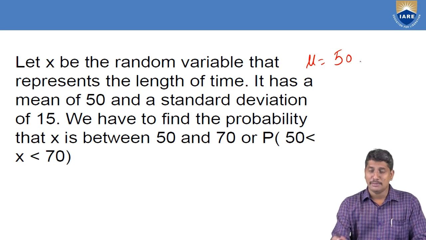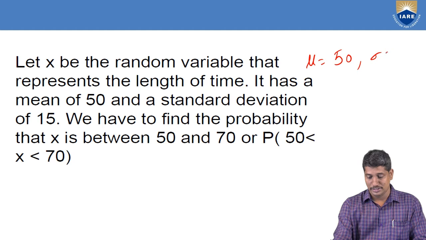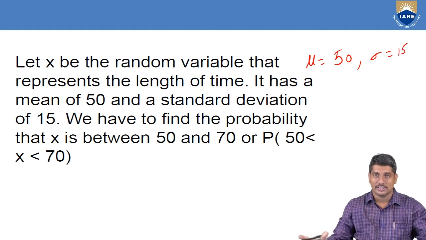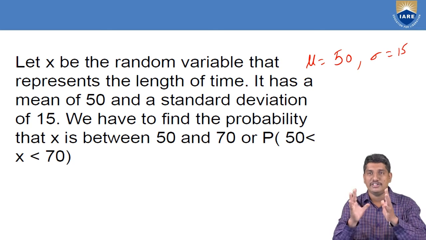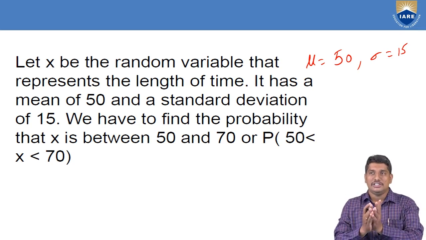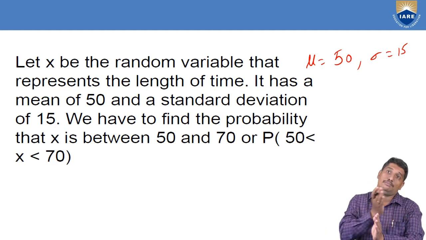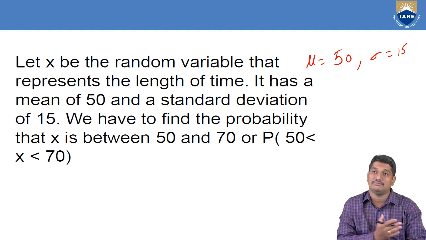There might be some marginal differences, which is represented by the standard deviation of 15 minutes. That means to assemble a computer, the workers take 50 minutes on average, with some workers taking 15 minutes more, and some finishing 15 minutes faster.